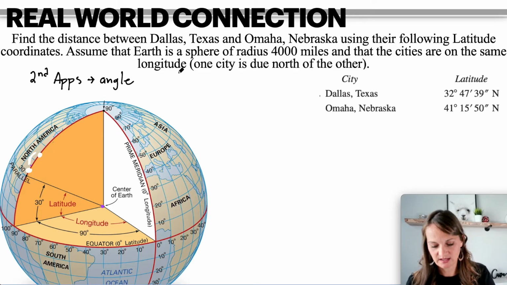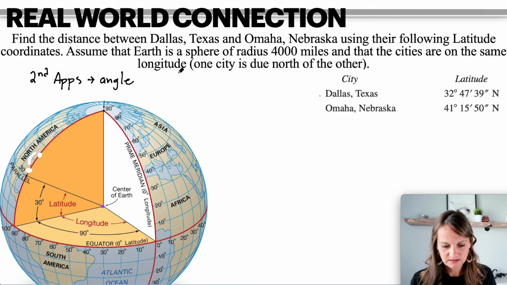So you would hit 32, second apps is degree. And then 47, go back into second apps, down to minute, and then 39.